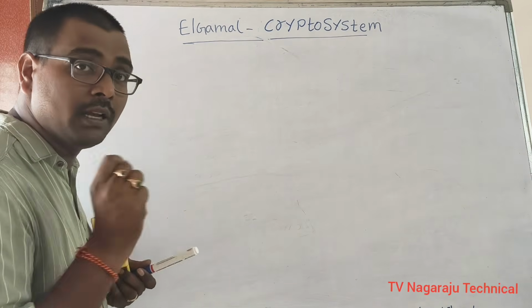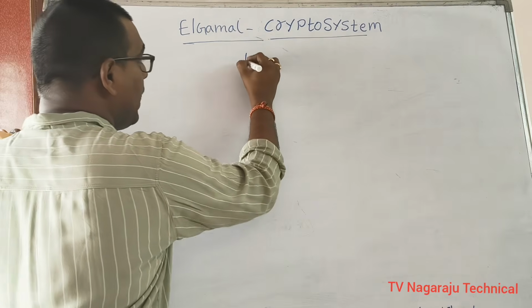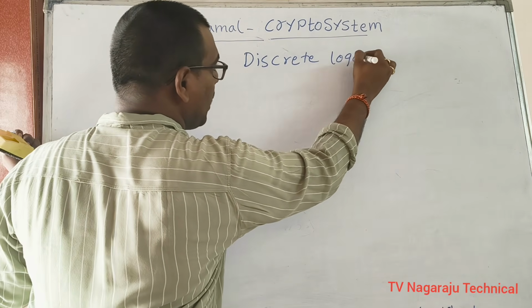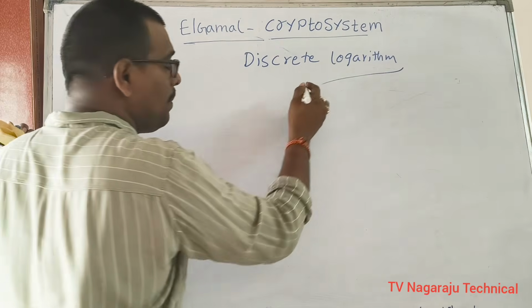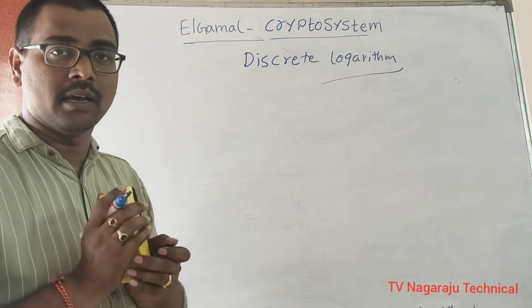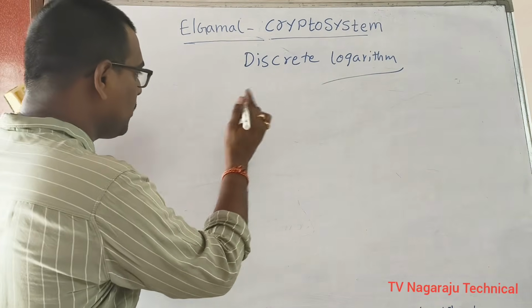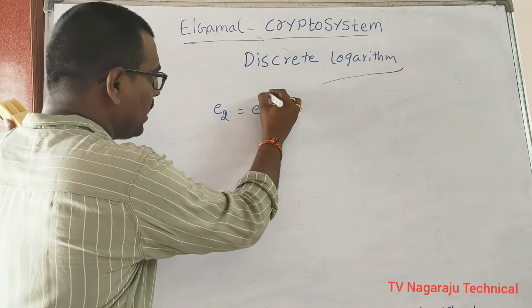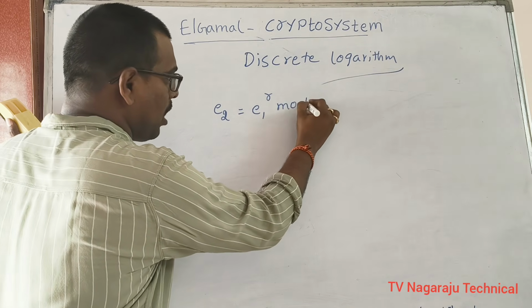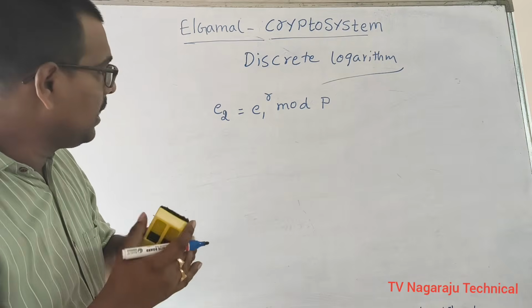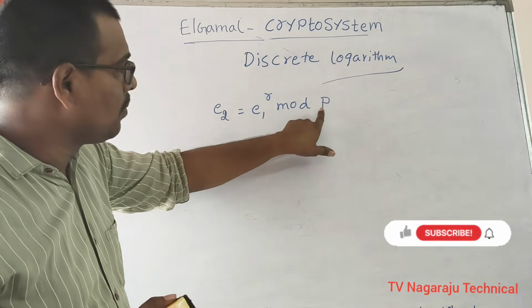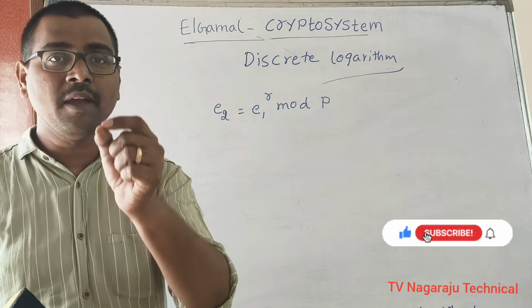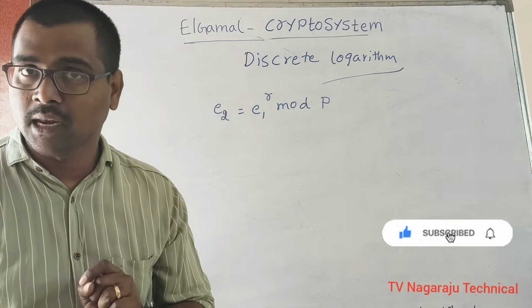Here, this ElGamal crypto system is mainly based on the discrete logarithm algorithm. Suppose I have an equation E2 is equal to E1 power R mod P. Calculating powers modulo a prime is very easy by using a fast exponentiation algorithm.